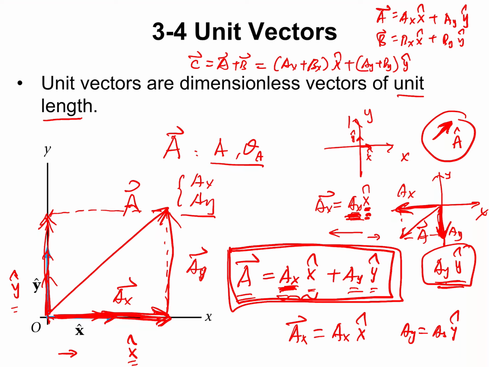Okay, so here x and y are two different directions. You cannot just mingle them together. You cannot add them together. So everything with x hat, you add them together. Everything with y hat, you add them together. Okay, so you get this to describe the addition of the vectors. So C equals this. So you can tell, using the unit vector way, you can describe a vector at least mathematically easily.